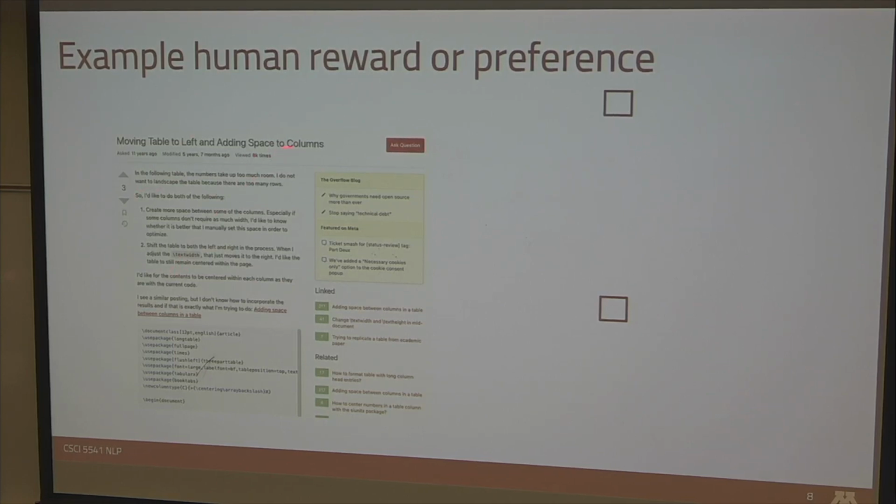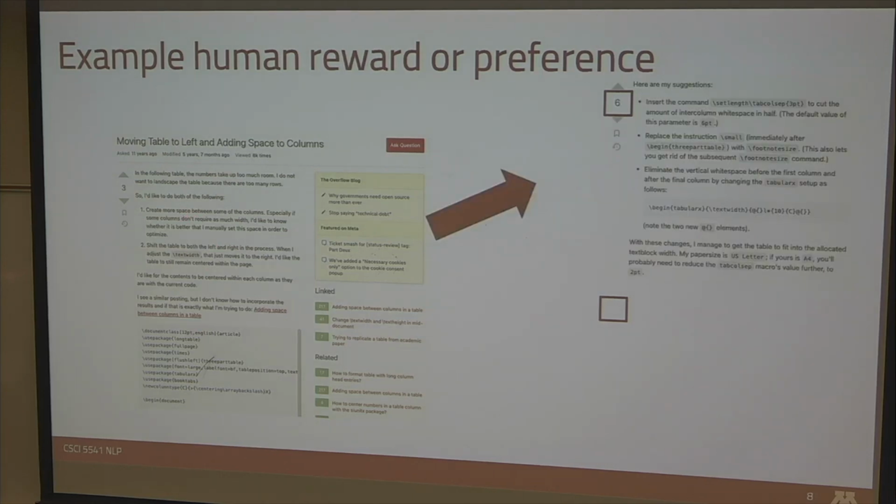We can already think of naturally occurring preferences in our daily lives, right? For example, this Stack Overflow post: the original post asks a question, and a couple of members from the community create answers.